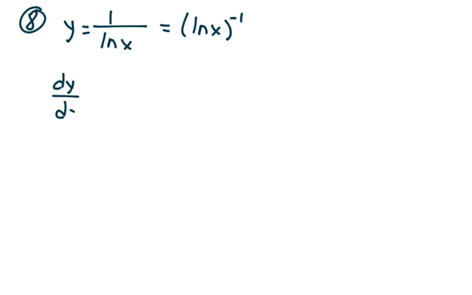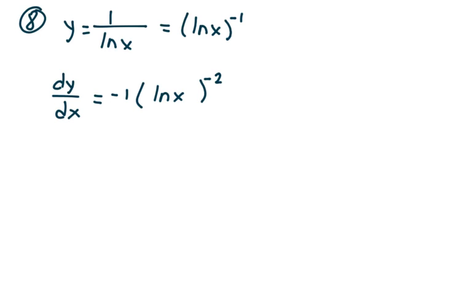on number 8, we have y equals 1 over natural log of x. And if you don't mind, I'm going to write this as natural log of x raised to the negative 1. And I want to find dy dx. So here I get negative 1 times natural log of x to the negative 2, right?